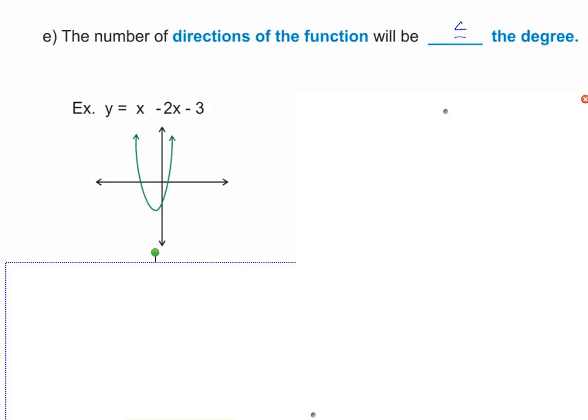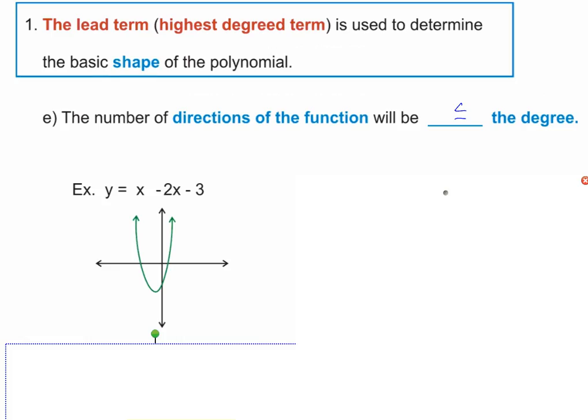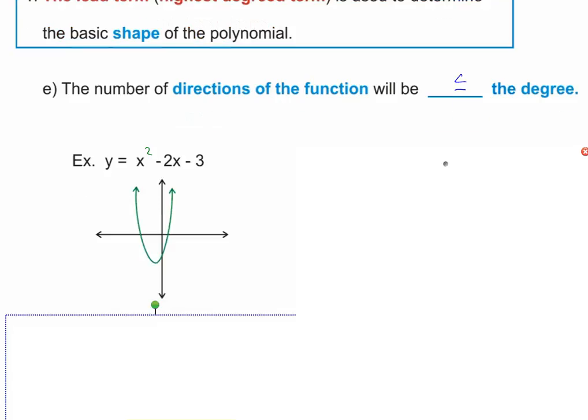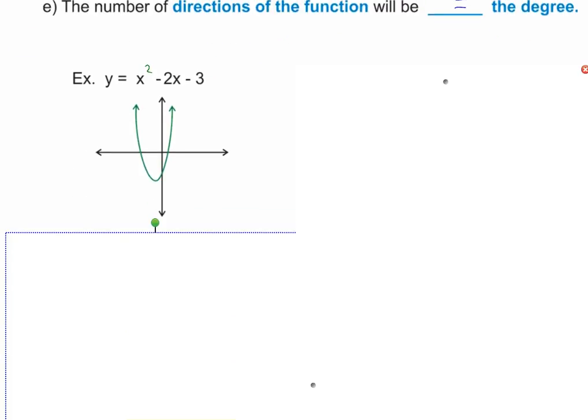All right, so if you look at our first example, I didn't finish the equation. Something's missing. So what's missing from that? A squared, right? This is a parabola, and that should be y equals x squared minus 2x minus 3.